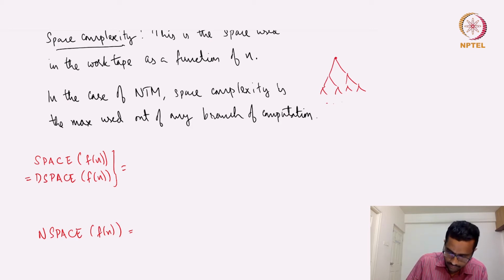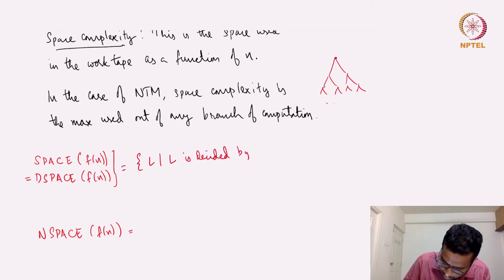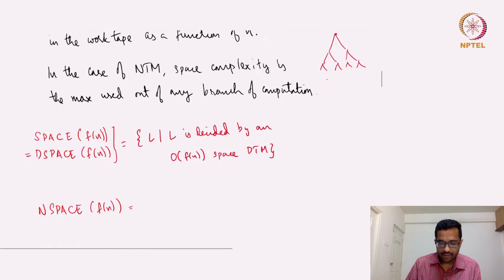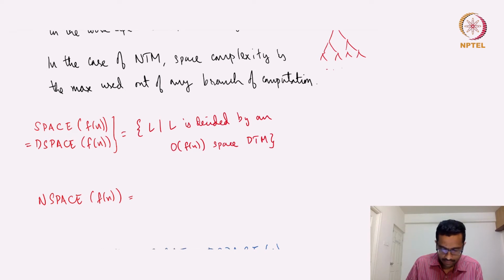Similarly, SPACE f(n), or SPACE s(n), is the set of all languages L where L can be decided by an order f(n) space deterministic Turing machine. So if L is decided by a deterministic Turing machine in order f(n) space, then L belongs to SPACE f(n).